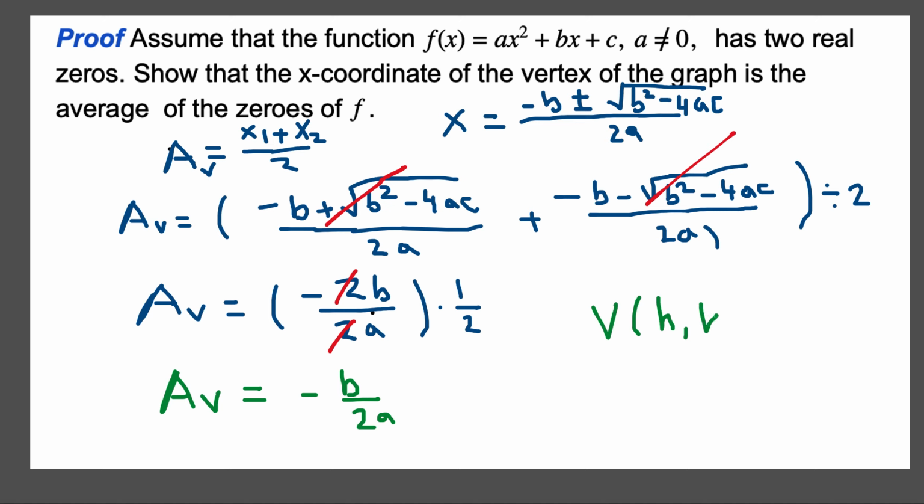The axis of symmetry is equal to h, the first coordinate of the vertex, and this is equal to the average of the two solutions of the quadratic equation. So we already proved it.